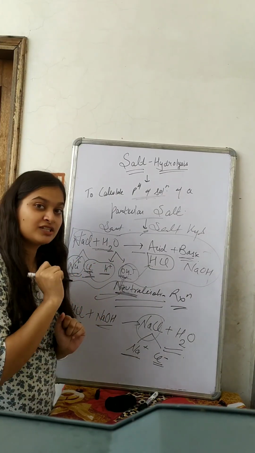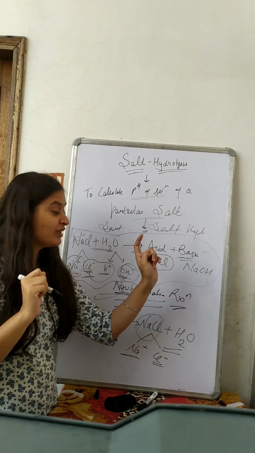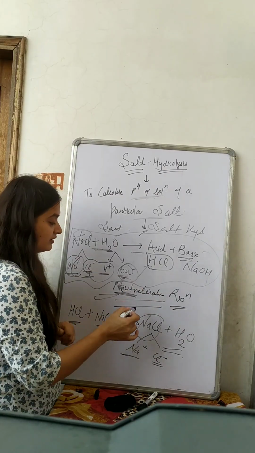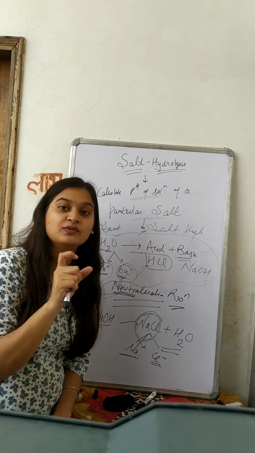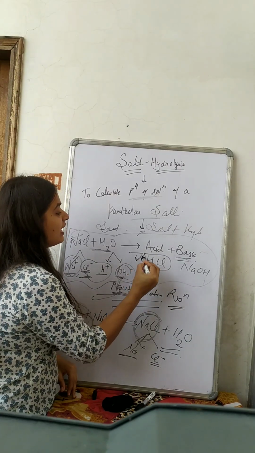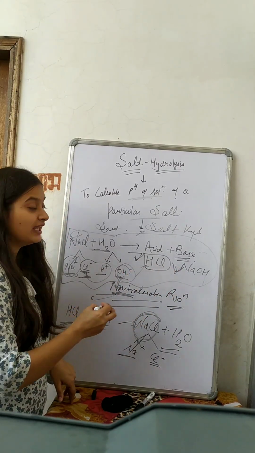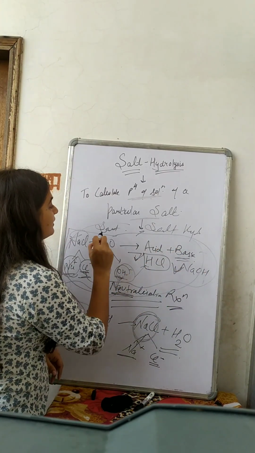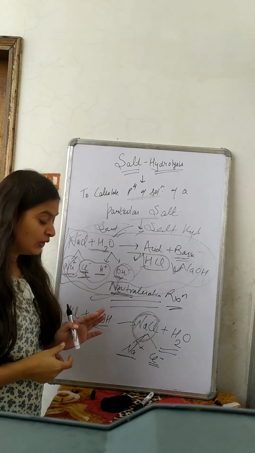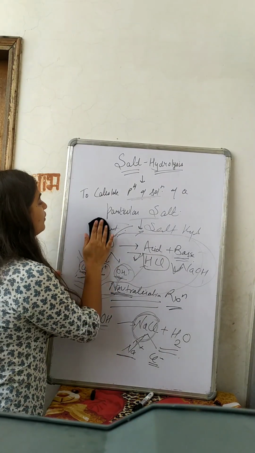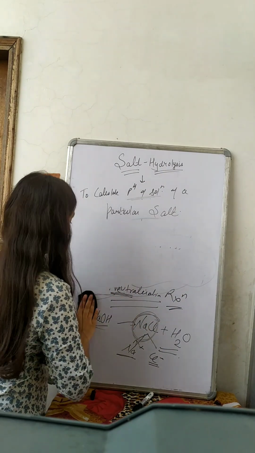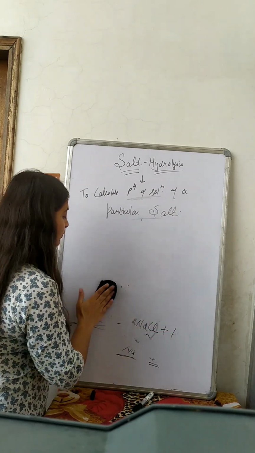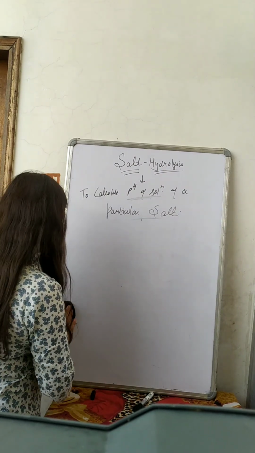When this salt undergoes hydrolysis and produces acidic and basic solutions, this whole process is known as salt hydrolysis. On the basis of acid and base, there are four types of salt that we study today.